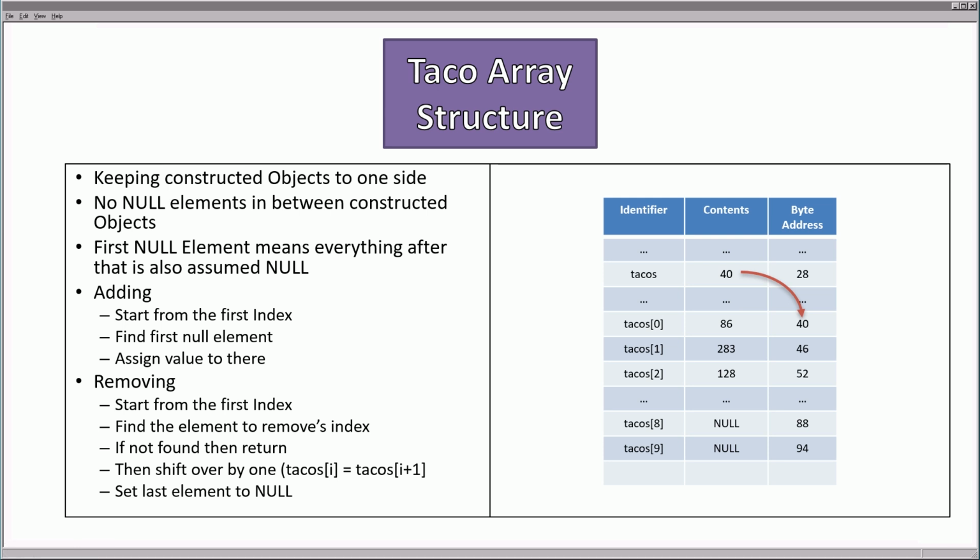Now let's take a look at remove. For argument's sake, let's say that we wanted to remove this from the array. As we know, if we want to remove an object from memory, in Java what we do is we lose the reference. We lose the path to that object.